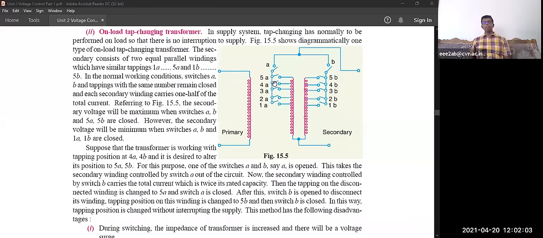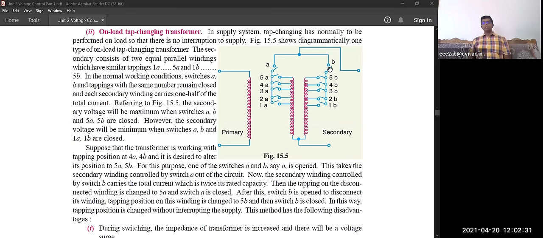Suppose, for example, 4A and 4B are closed, A and B are closed. Suppose you want to change from 4A to 5A and 4B to 5B. What you have to do is open A alone, and you change the tappings from 4A to 5A, and here also 4B to 5B.